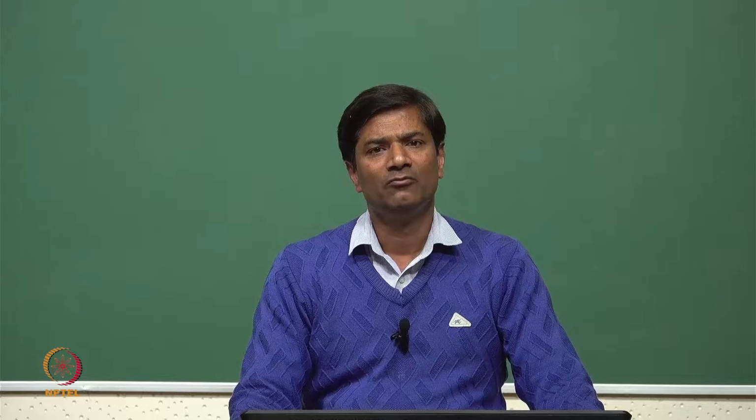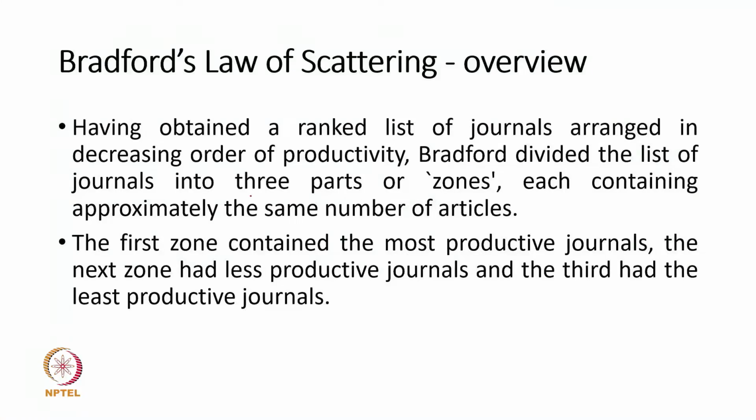Now, having obtained the rank list of journals arranged in decreasing order of productivity, Bradford divided the list of journals into three parts, usually called zones, and each part contains approximately the same number of articles. That means what did Bradford do?